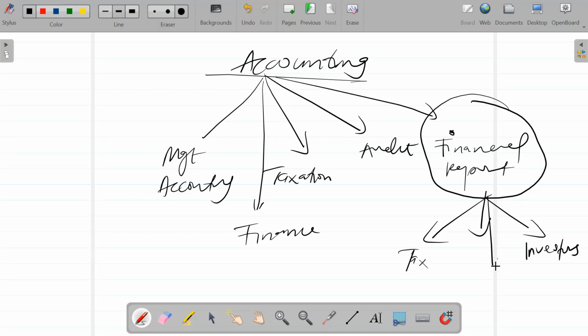Maybe creditors, banks, financial institutions. They also want to look at your credit rating. Do you have good credit records? Can you pay your loan? Do you have enough liquidity? So these financial institutions are interested in your performance.